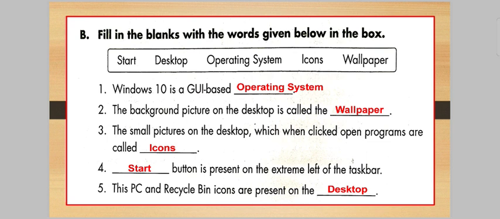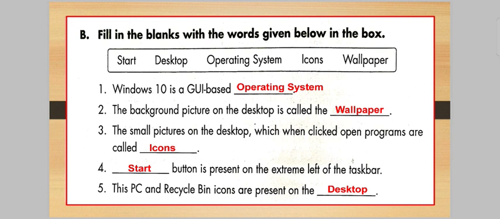First is, Windows 10 is a GUI based operating system. Next is, the background picture on the desktop is called the wallpaper. The small pictures on the desktop, which when clicked open programs, are called icons.